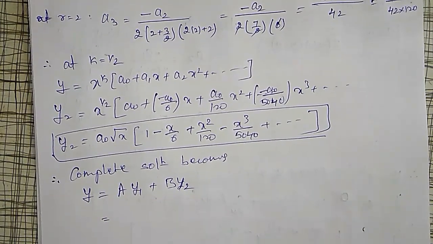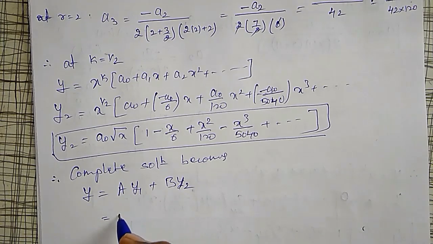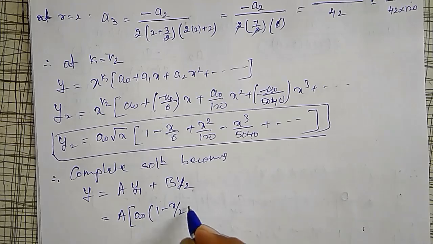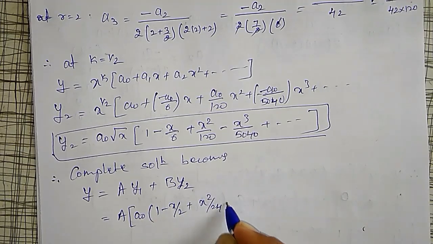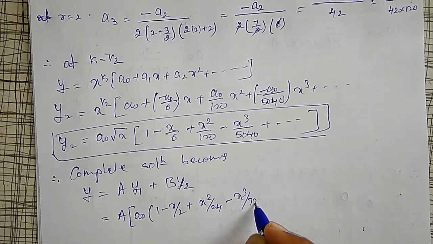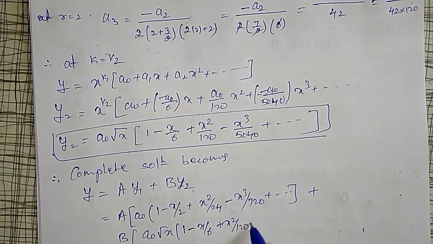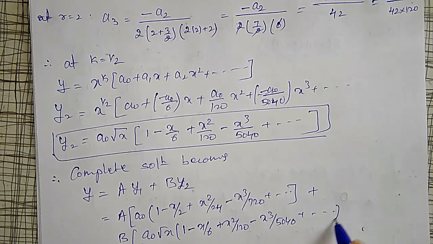That is, a into y1, that is a naught into 1 minus x by 2 plus x square by 24 minus x cube by 720 plus so on, plus b into a naught into root x into 1 minus x by 6 plus x square by 120 minus x cube by 5040 plus so on.